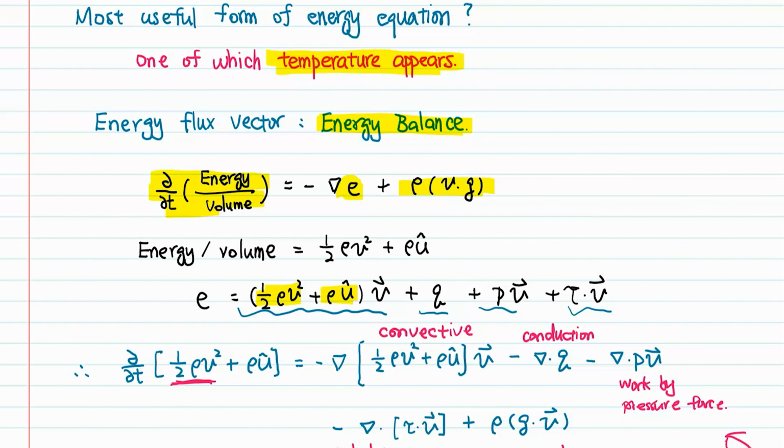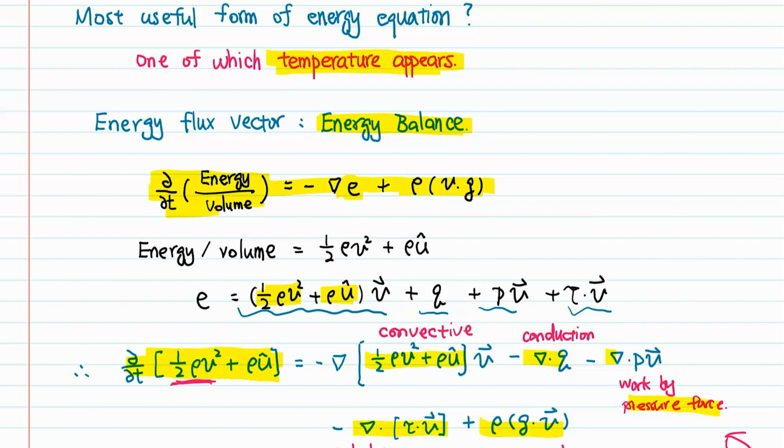So what we're dealing with here is basically just trying to expand all terms to come to our most generic form. So we have the accumulation of energy, which is the sum of the mechanical and internal energy, equals the energy obtained by convection, by conduction, and also work associated with pressure forces, viscous forces, and external forces.